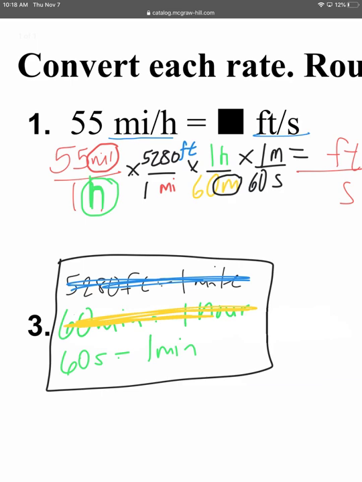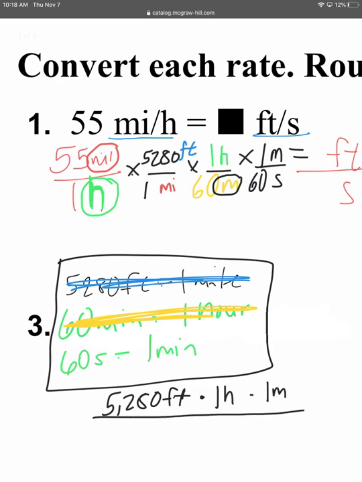So let's see what this looks like. 5,280 feet times 1 hour times 1 minute over 1 hour times 1 mile times 60 minutes times 60 seconds.